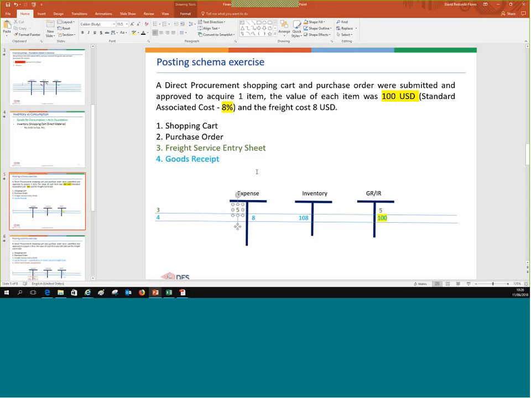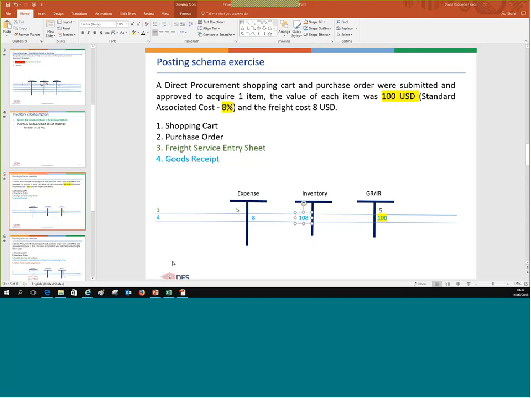But what I want you to understand is that regardless of the eventual cost of the freight services, the posting of the goods receipt when items are going to inventory is the following: basically the acquisition price of the item plus 8% will go to inventory. Okay? Is that clear?